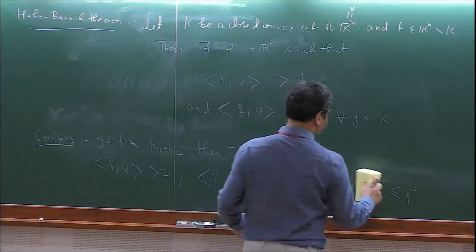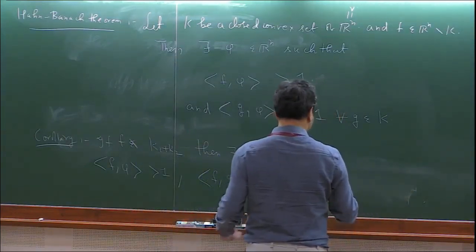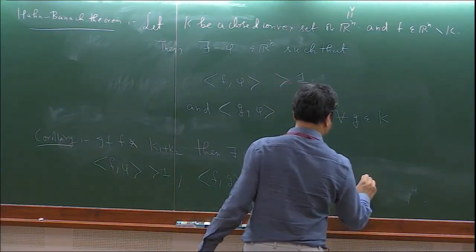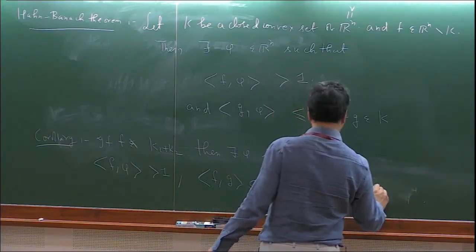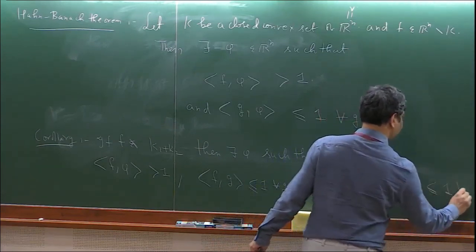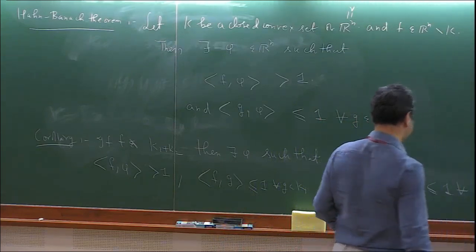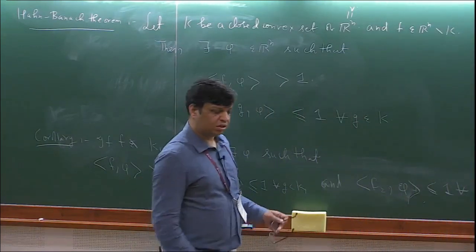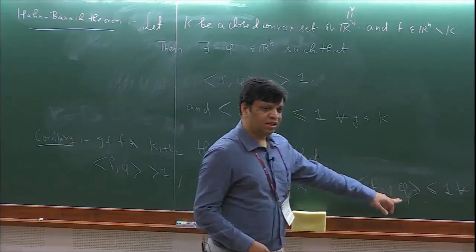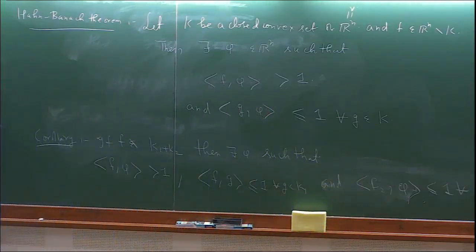Let me write down first this: the inner product of f2 with phi is less than or equal to 1 for all f2 belongs to K2. Now this condition: K2 is a ball of radius eta with respect to this particular norm.